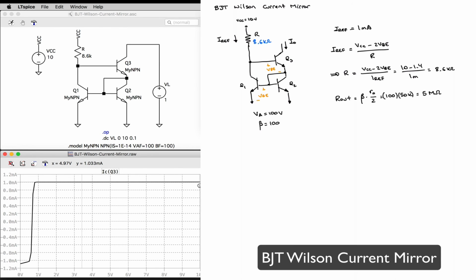Now it's going. So second cursor at 10 volts, first cursor at 1 volt.